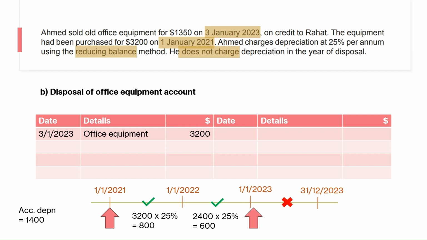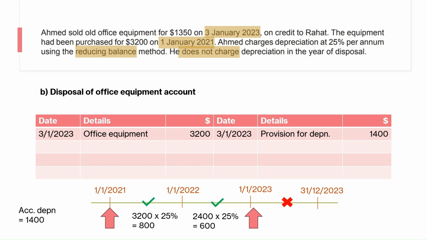And then accumulated depreciation of 1400, we will be using a credit entry in the disposal account on 3rd January 2023, provision for depreciation 1400.